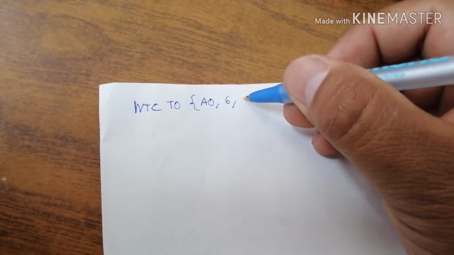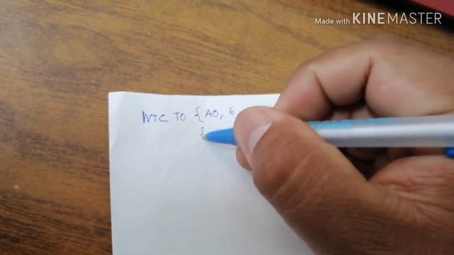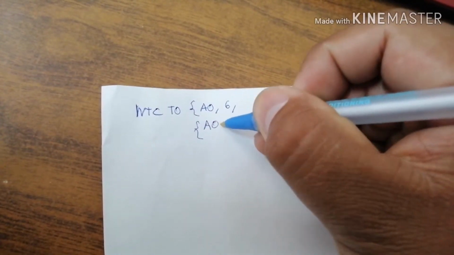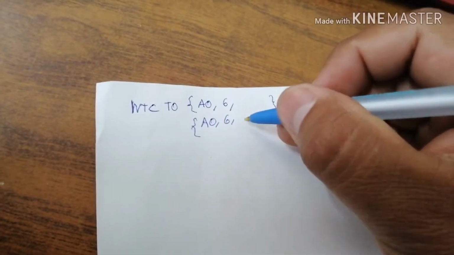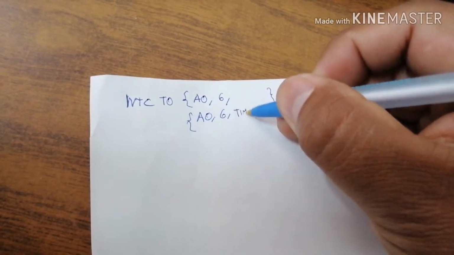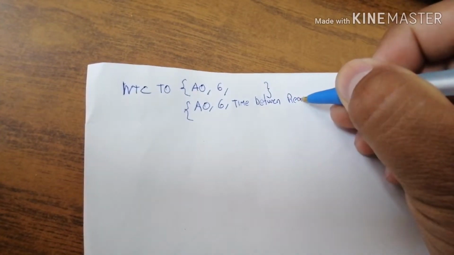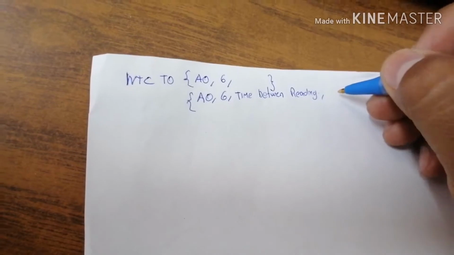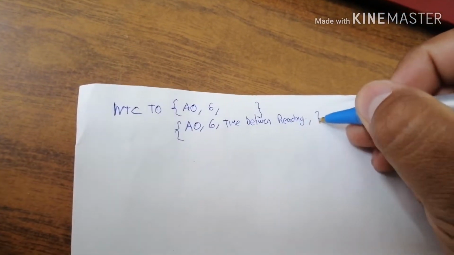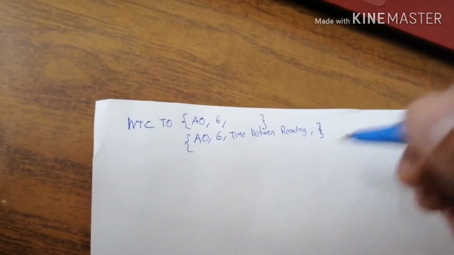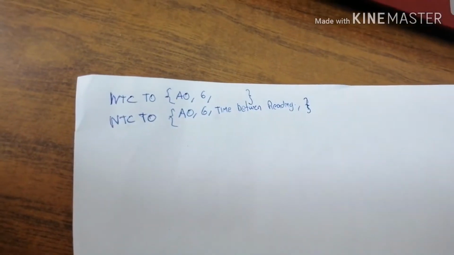This one would be the simplest, and if I need a more specific constructor, I can have analog pin, number of readings, time between readings. So there are going to be 2 types of constructor for NTC T0, at least.